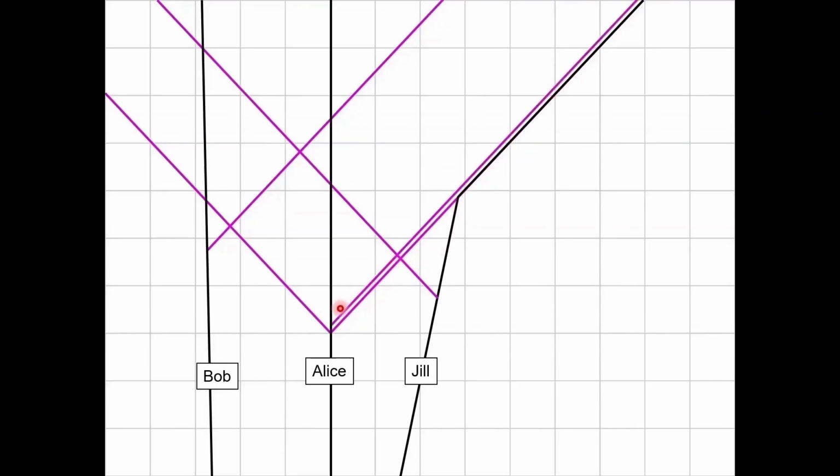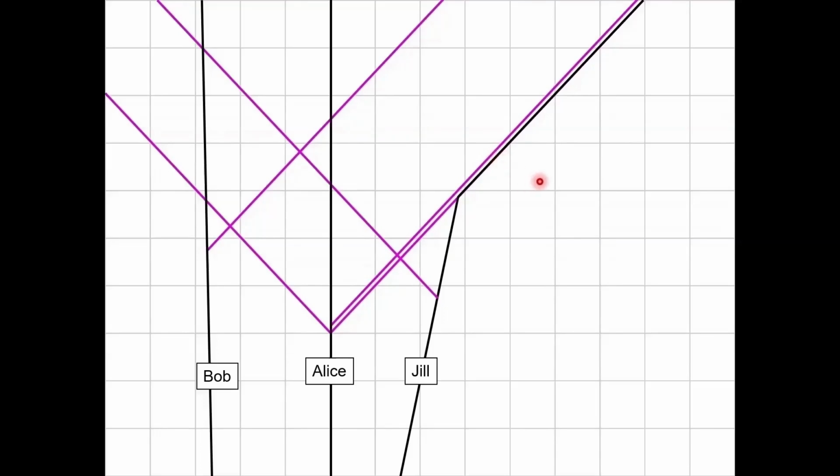Then the next field, the next information track, will be parallel to Jill's new trajectory and will never affect Jill's world line. It could not change Jill's world line at this point because it does not hit it.